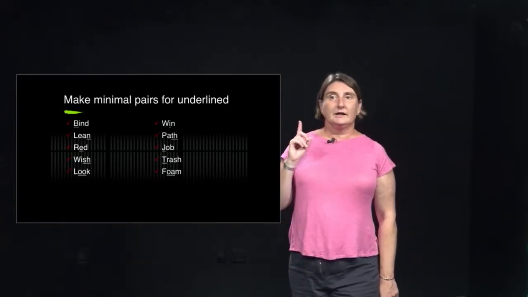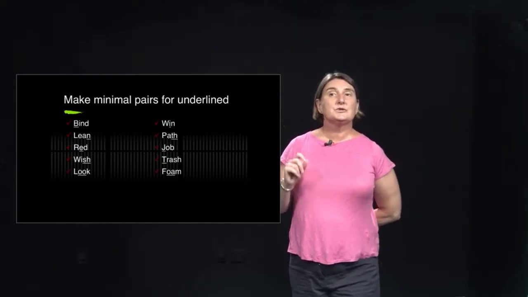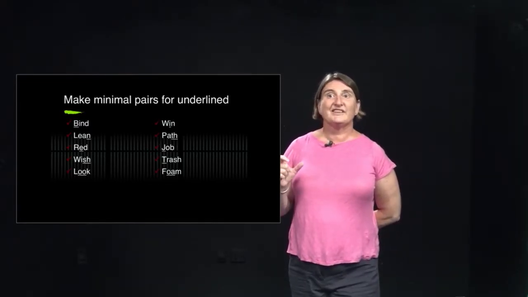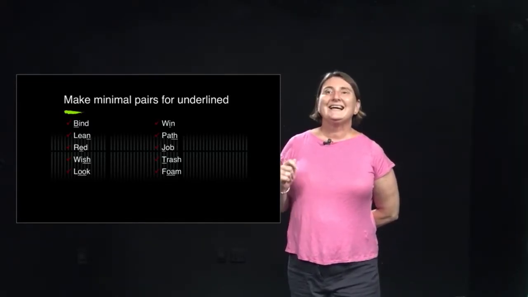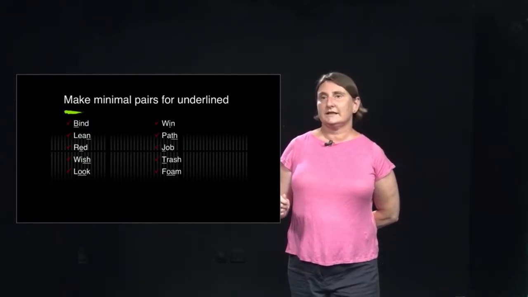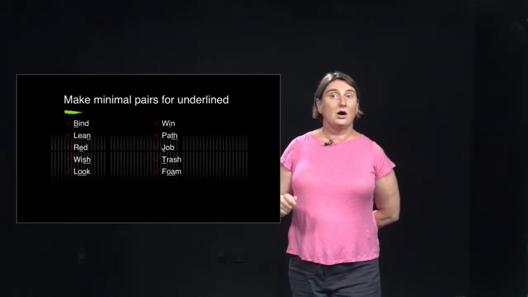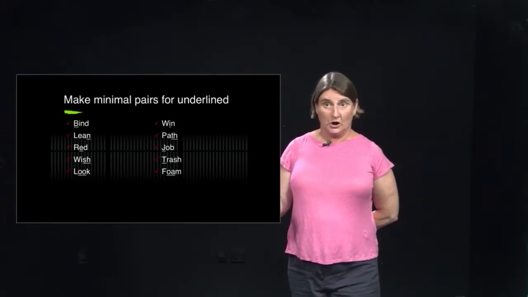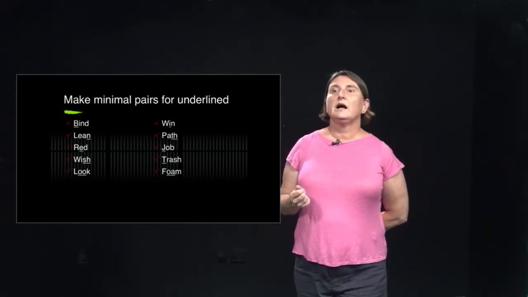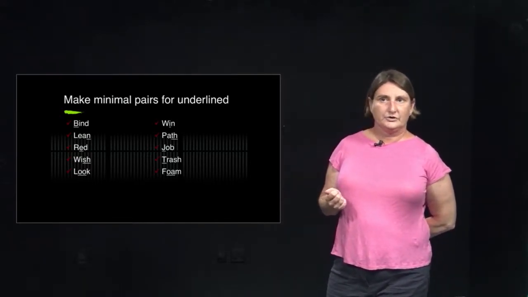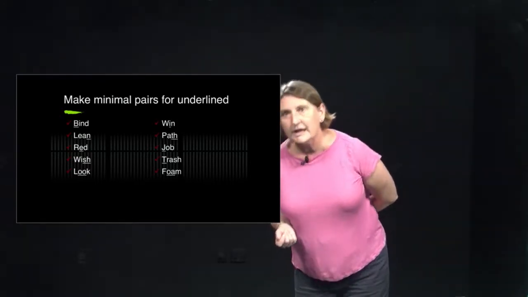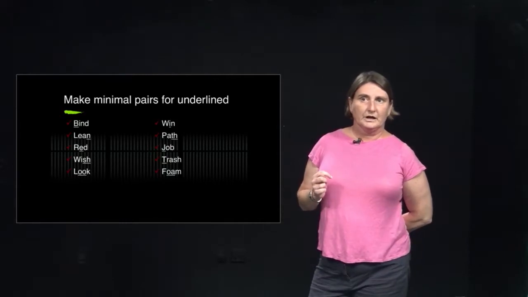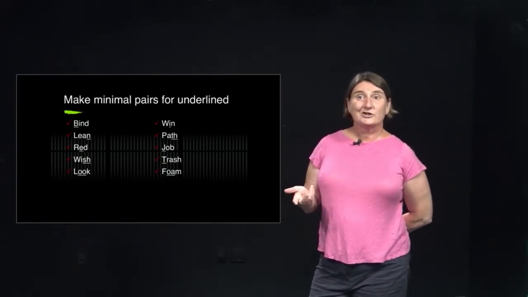So now here's interesting. Even though we use two symbols to represent the j in job, it is officially just one sound. So knob, hob, lob, rob, those would all be minimal pairs with job on the first sound. Then we have trash. Yes, trash. So we could have crash.